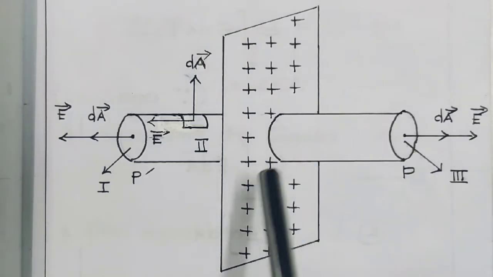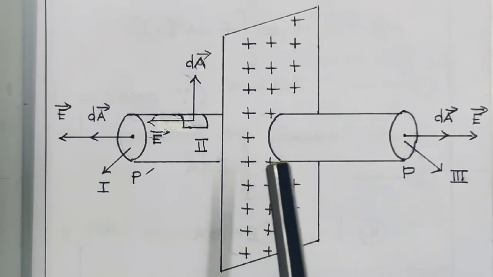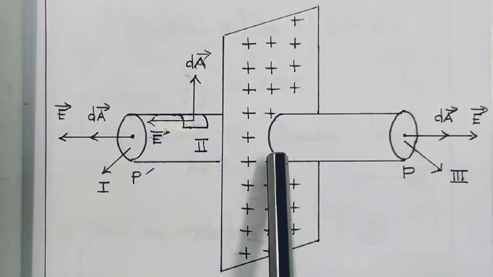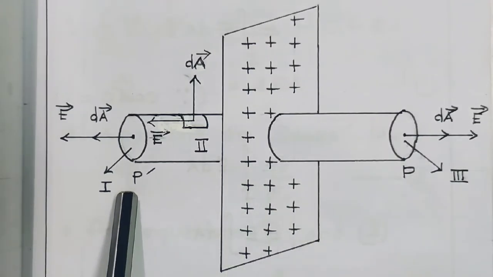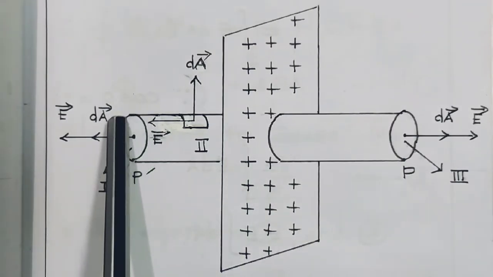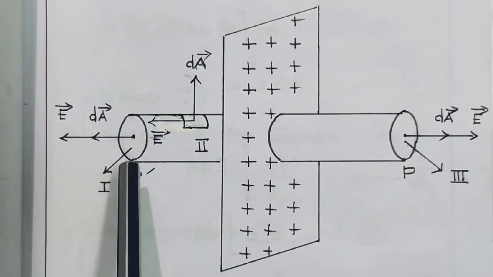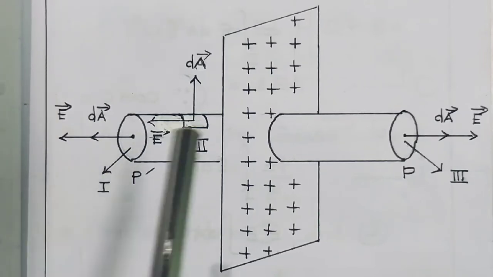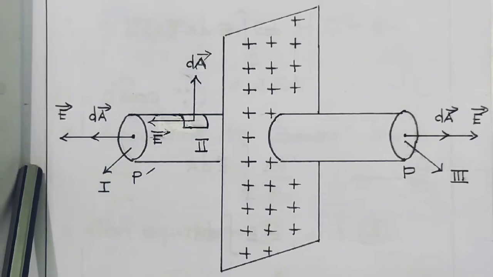As you already know, electric lines of force originate from positive charge and end at negative charge. So the electric field is in this outward direction. Similarly, in this case also, here is a small surface, let it be dA. So the area vector is dA vector and the electric field is in this direction.